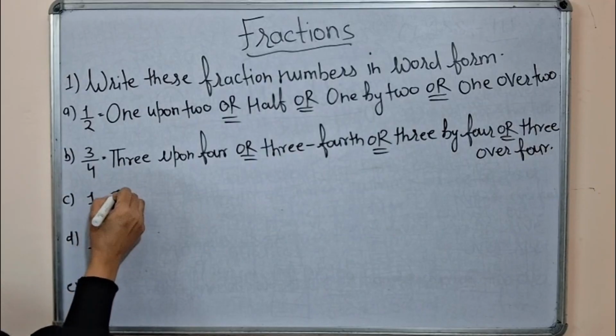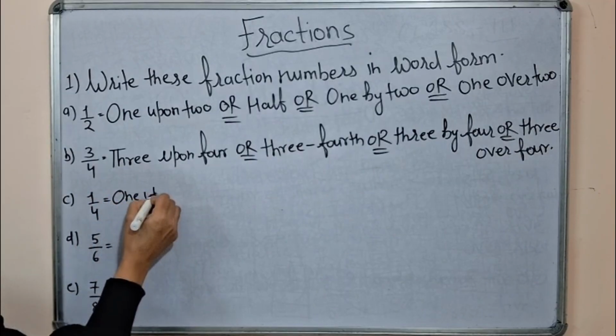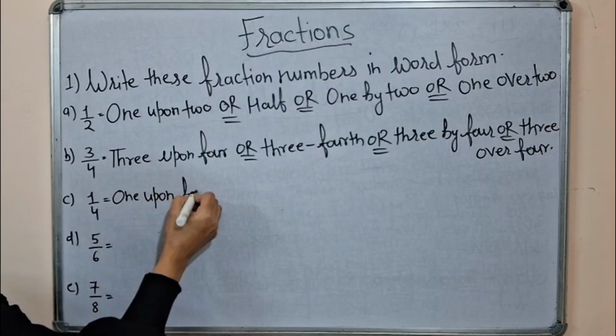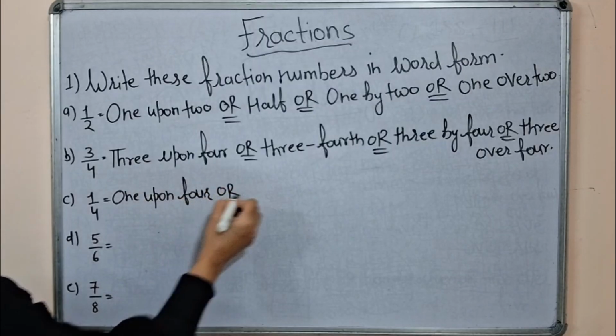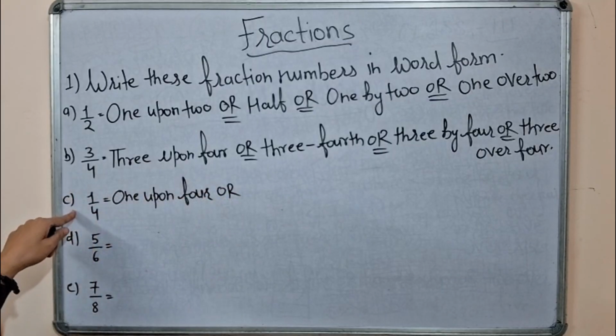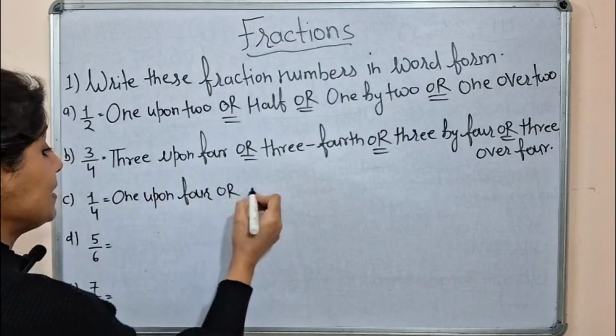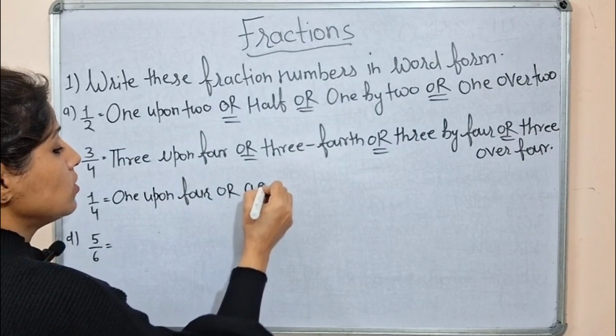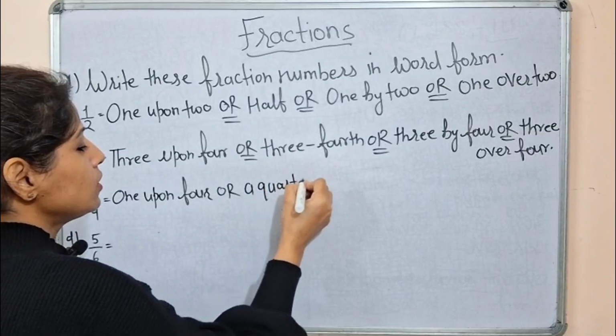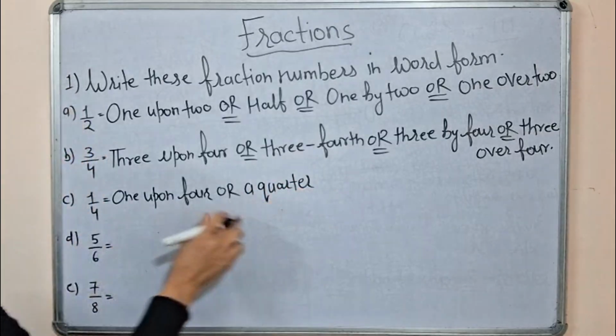Moving on to the next, 1/4. First I will write it as 1 upon 4, or one fourth. That means the fourth part of something. So we can write it as a quarter. Okay.